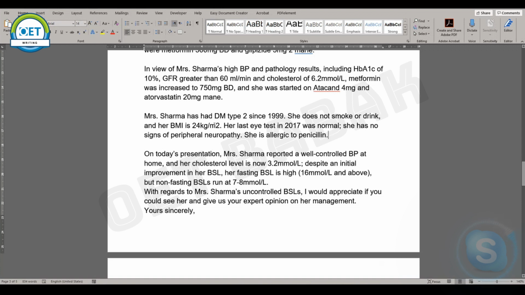I said that you had to explain that her diabetes has been well controlled since 1999, as she does not have any complications, including retinopathy or neuropathy. "On today's presentation, Mrs. Sharma reported a well-controlled BP at home and her cholesterol level is now 3.2.